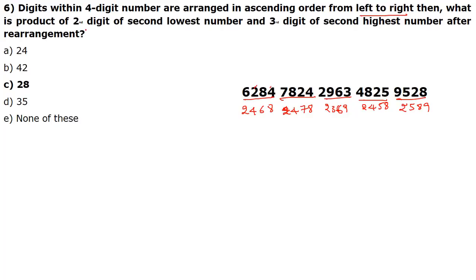Then what is the product of the second digit of the second lowest number? We need to give ranks based on the ascending order. 2 3 6 9 is the lowest.